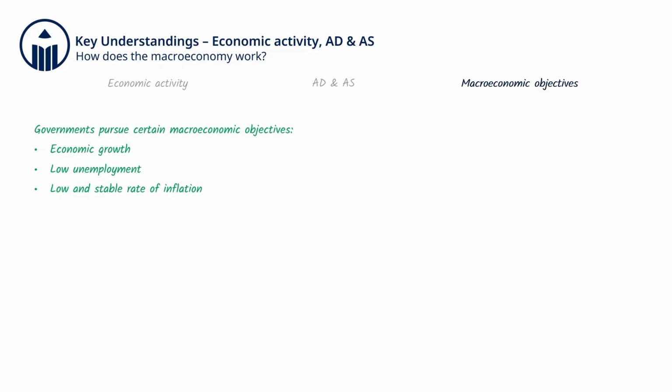Governments have tools to help them measure the economic growth rate, unemployment rate, and inflation rate, and use this data to craft both demand-side and supply-side policies to help smooth out short-term fluctuations in economic activity and promote long-term growth. Demand-side policies shift the AD curve, while supply-side policies shift the AS curve.